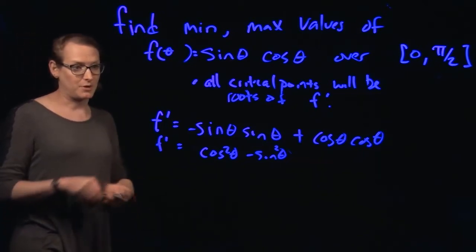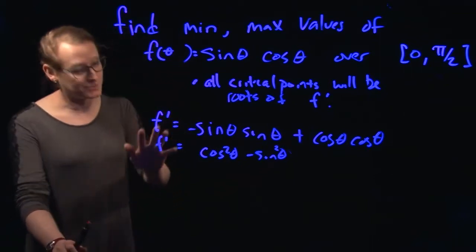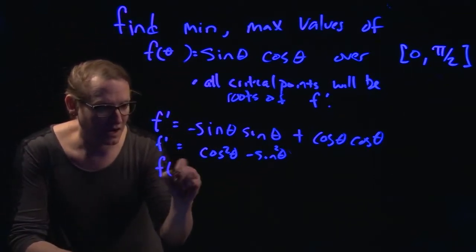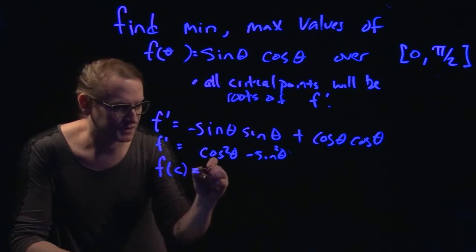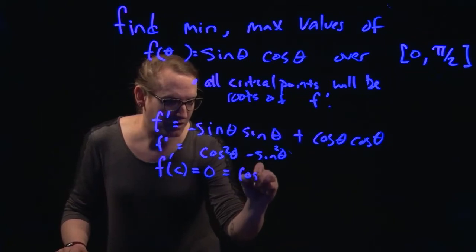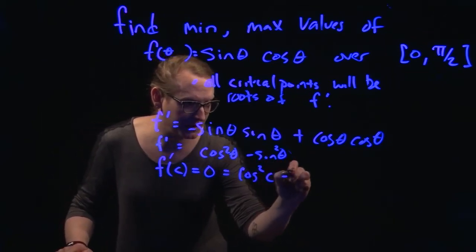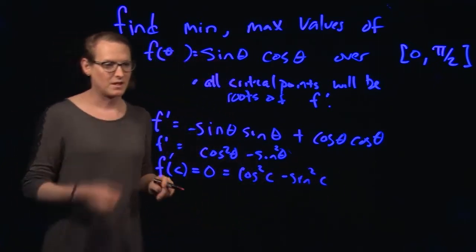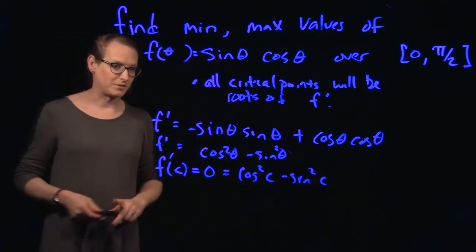So I'm not going to write equals 0 there because that's wrong. I am going to write f prime of c equals 0, which is equal to cosine squared of c minus sine squared of c. And that's a true statement.